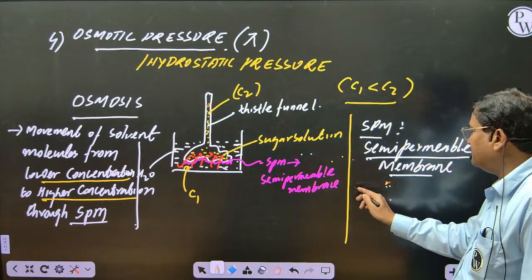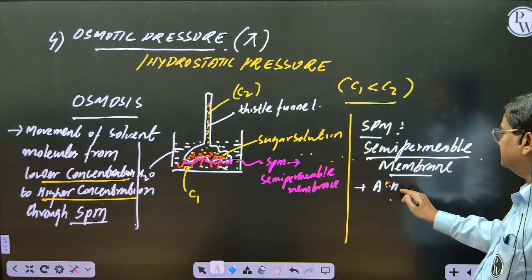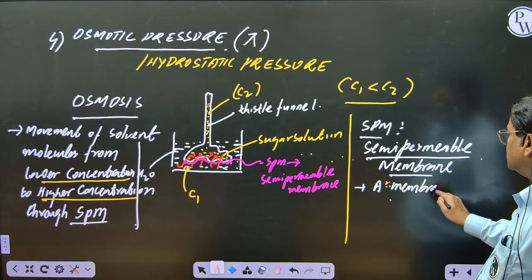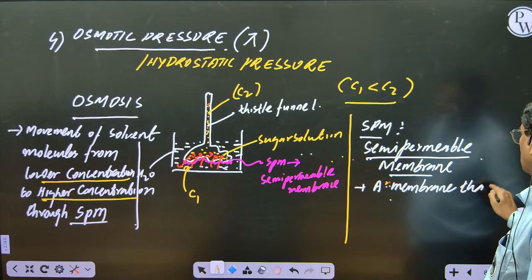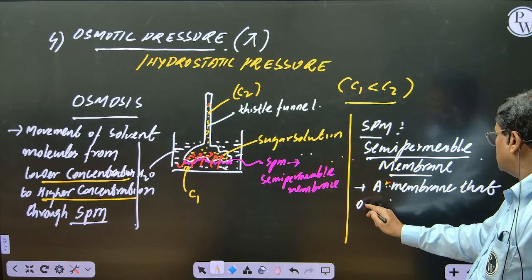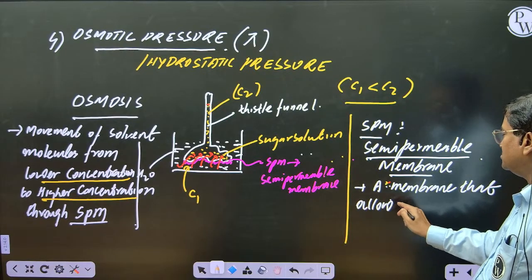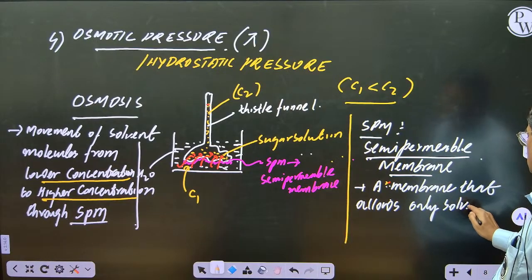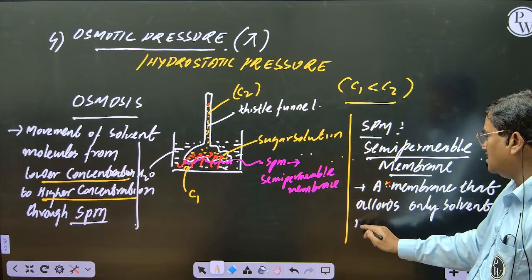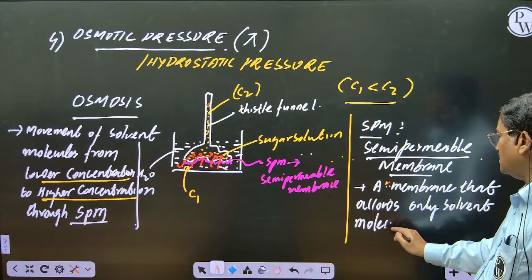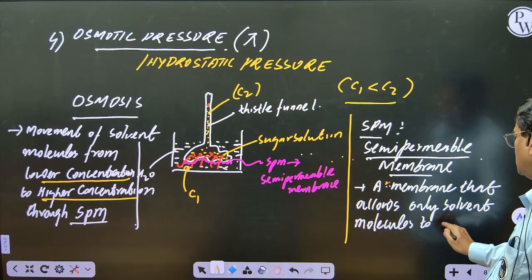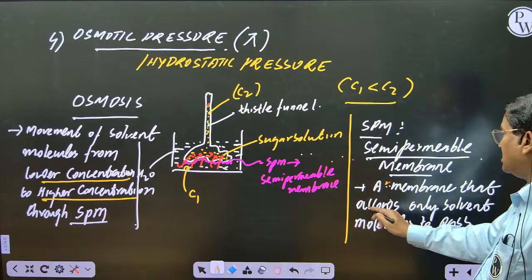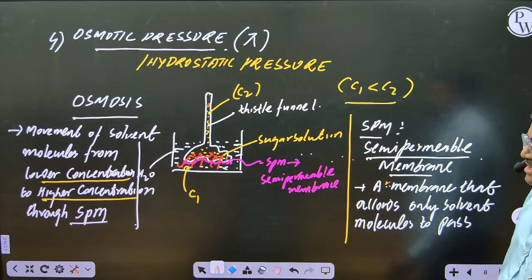So write the right definition: a membrane that allows only solvent molecules to pass, and such a membrane we call a semi-permeable membrane.